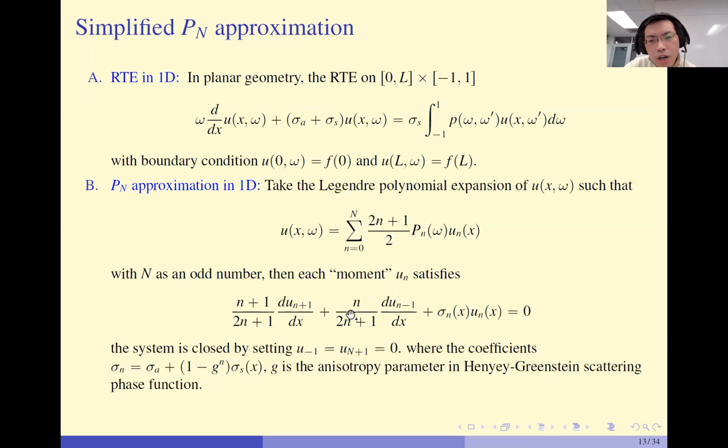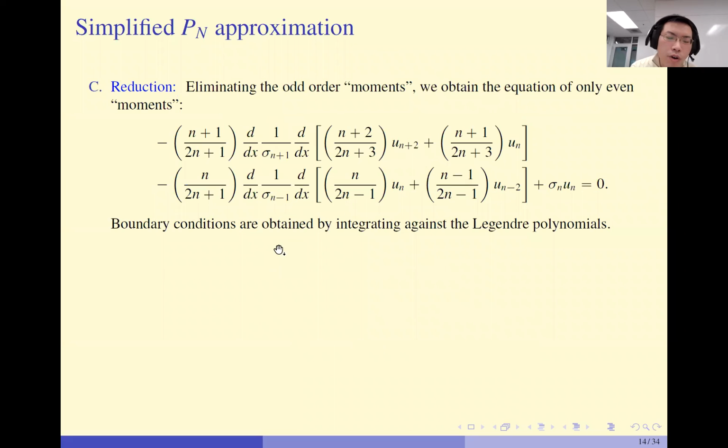After we have this ODE model, we can also observe that if we represent u_n in terms of the other two and put it back into the same model, we can eliminate all the odd order moments, and we only have the even order moments. This is a trick to reduce the first order equations into second order elliptic equations.